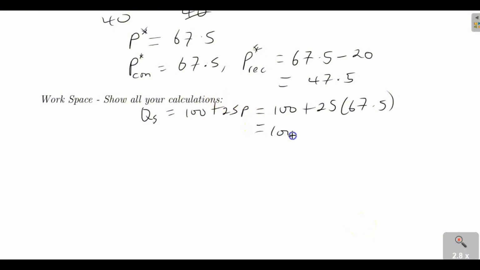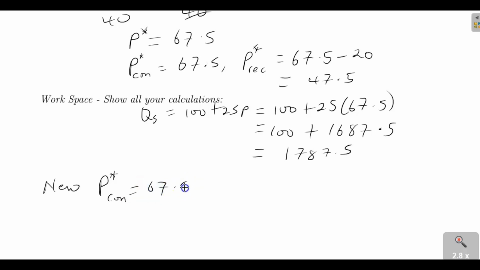Alright, so I'm going to use my calculator to find 25 times 67.5, and that is going to be 1,687.5. And what is 1,687.5 plus 100? That is going to be 1,787.5. So now, our new equilibrium price paid by the consumers is 67.5.